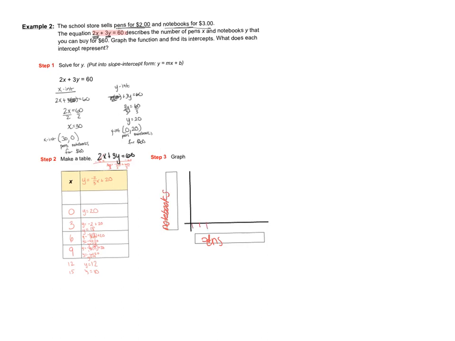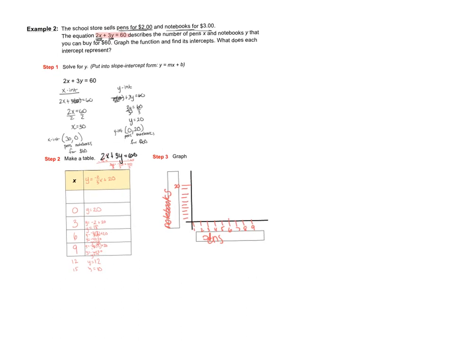So for my x value, if I purchase 0 pens, then I can get 20 notebooks. 2, 4, 6, 8, 10, 12, 14, 16, 18, 20. 1, 2, 3, 4, 5, 6, 7, 8, 9. Okay, so if I get 0 pens, I can get 20 notebooks.